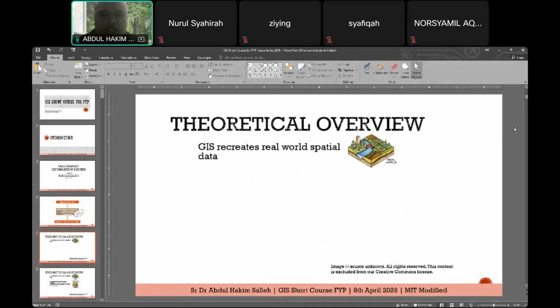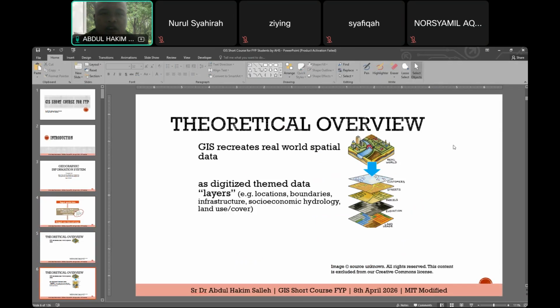Right. Next, some theoretical overview. GIS recreates the real world spatial data. From the real world, GIS turns it into a digital form. And then this spatial data will be digitized into theme data layers.